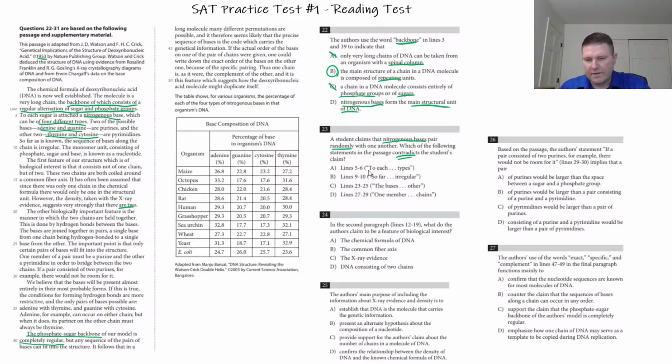So if you look at lines 5 through 6 here, to each sugar is attached a nitrogenous base, which can be of 4 different types. Does that disprove that they just pair randomly? No. It's just like a fun fact, right? And then lines 9 through 10, so far as is known, the sequence of bases along the chain is irregular.